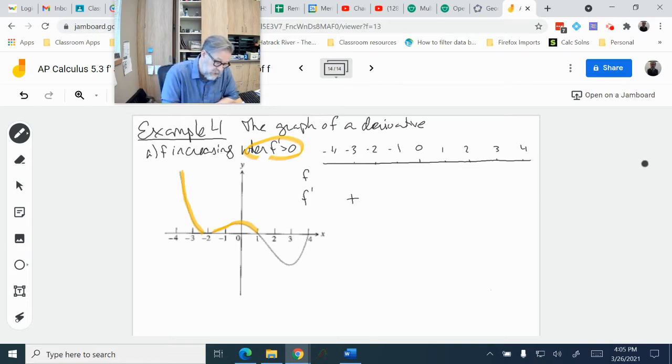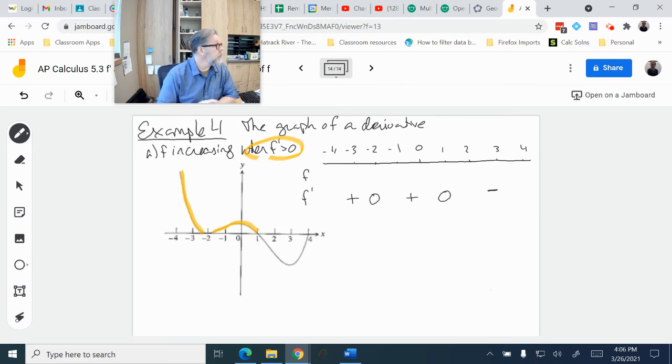My function is increasing. At -2, my derivative becomes 0. From -2 to +1, my derivative is positive. It is equal to 0 at x equals 1, and it is negative in the interval from 1 to 4.